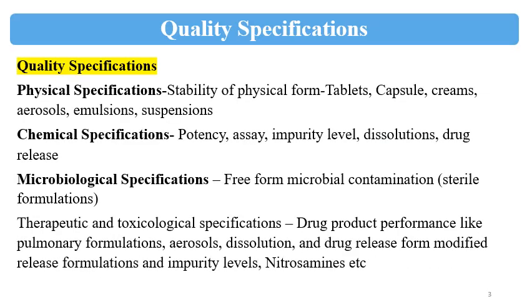Now coming to the quality specifications. I have divided these specifications into three types: first is physical specification, chemical specification, and the microbiological specification. For example, physical specification is retaining the physical form or stability of the physical form.